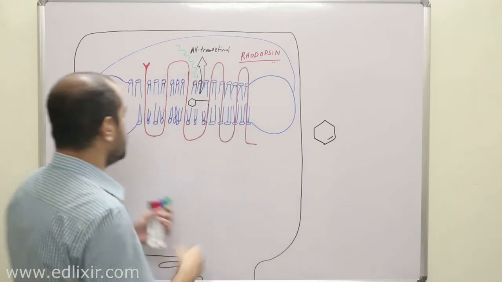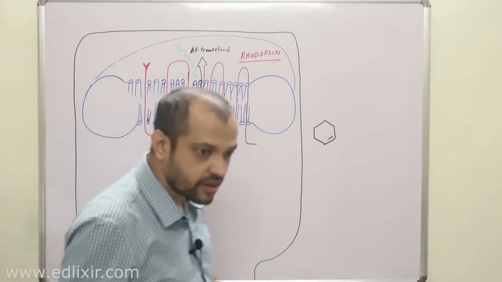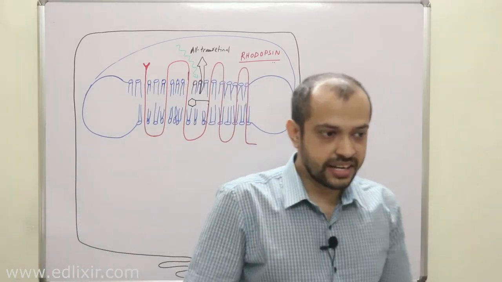Now listen, when light falls, this 11 cis retinal is never directly converted into all trans retinal. There are several steps.